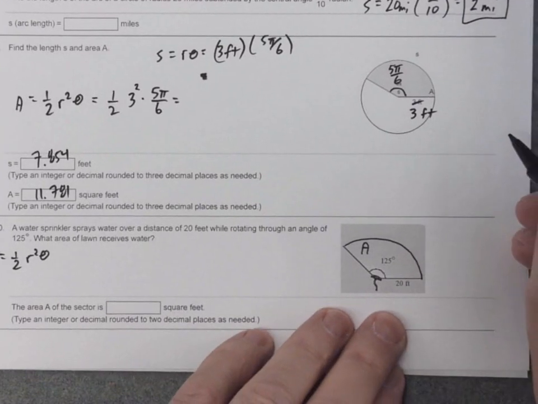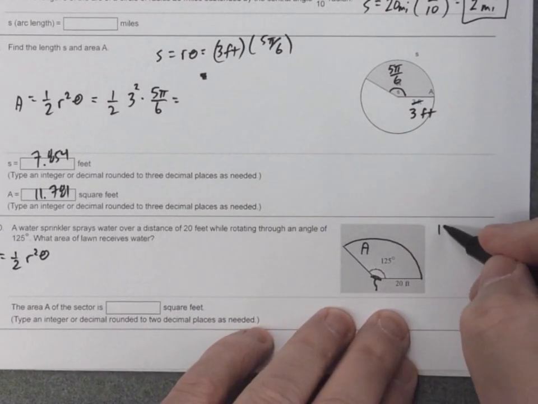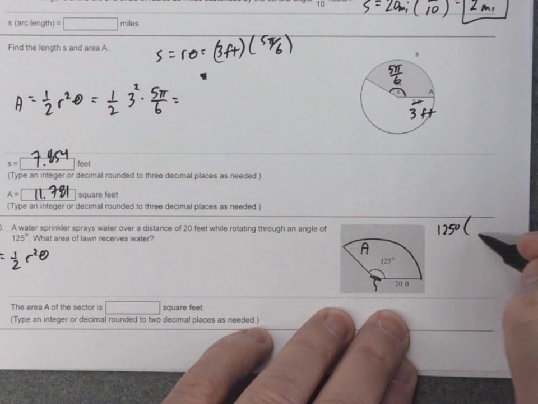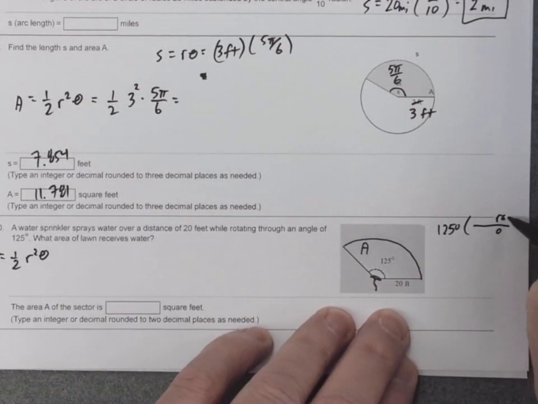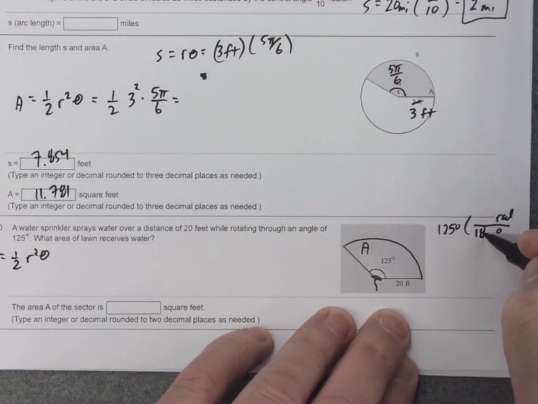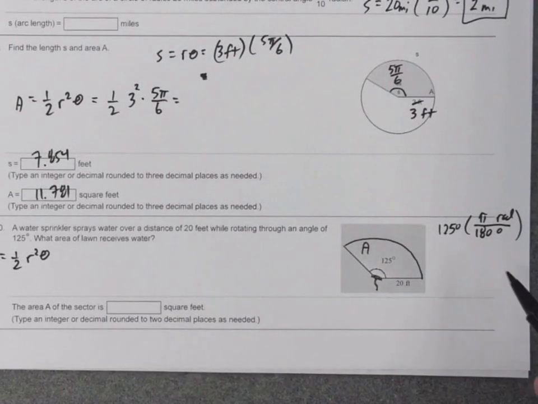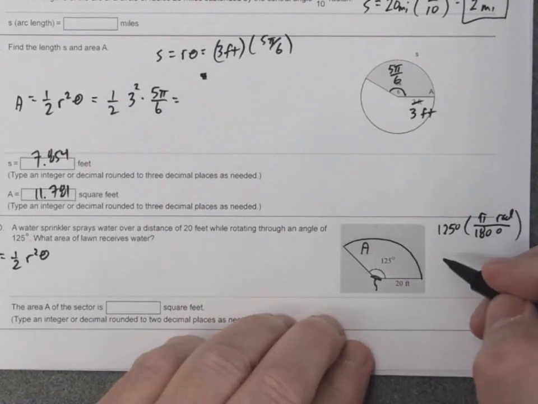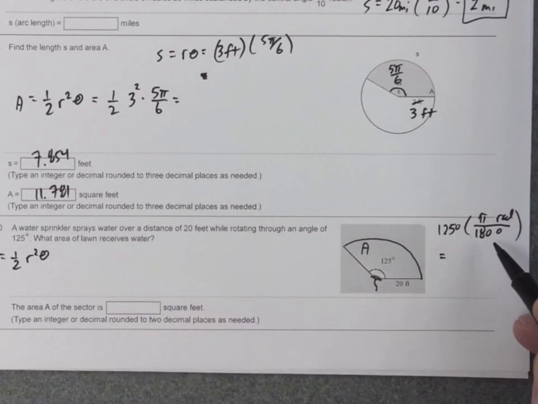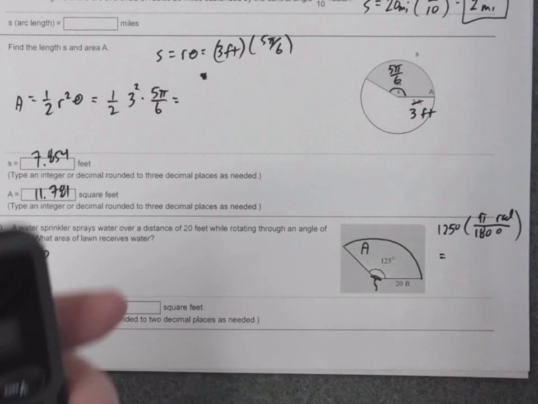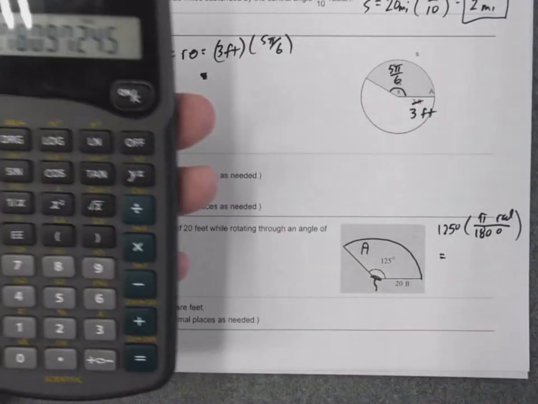Maybe I'll do it over here, see if I have room. 125 degrees. Degrees on the bottom, radians on the top. 180 degrees, pi radians. Now in this case, because we're not looking for an exact answer, I've used my calculator, but I'm going to write maybe 5 decimal places before I plug it in here.